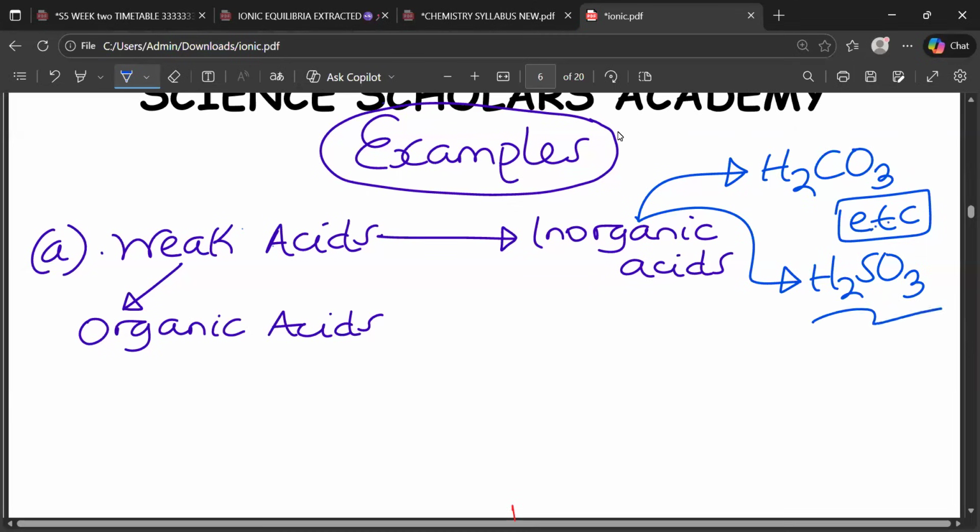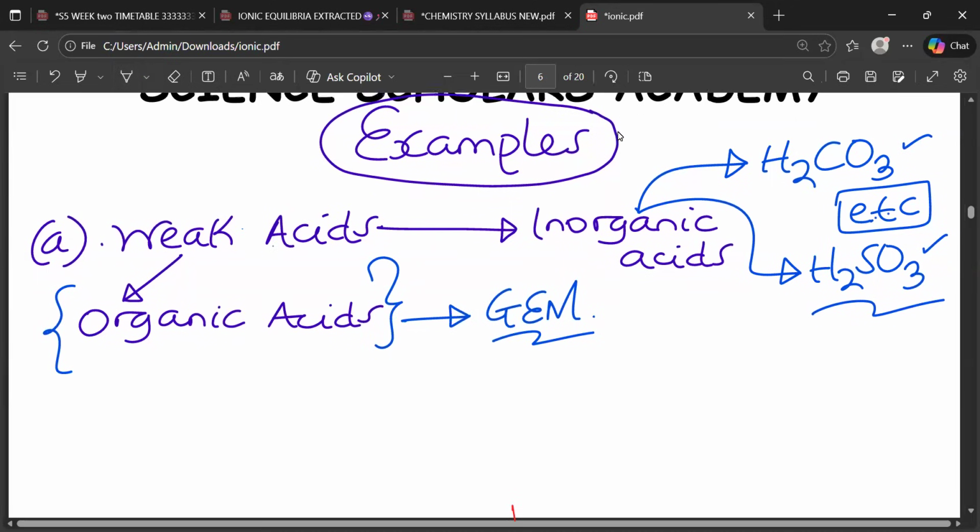But these ones, no one will set them for you in this topic. These are the acids they concentrate on. They are the game of the topic. The moment you have issues with organic acids, you cannot do any calculation as far as acids are concerned in this topic.